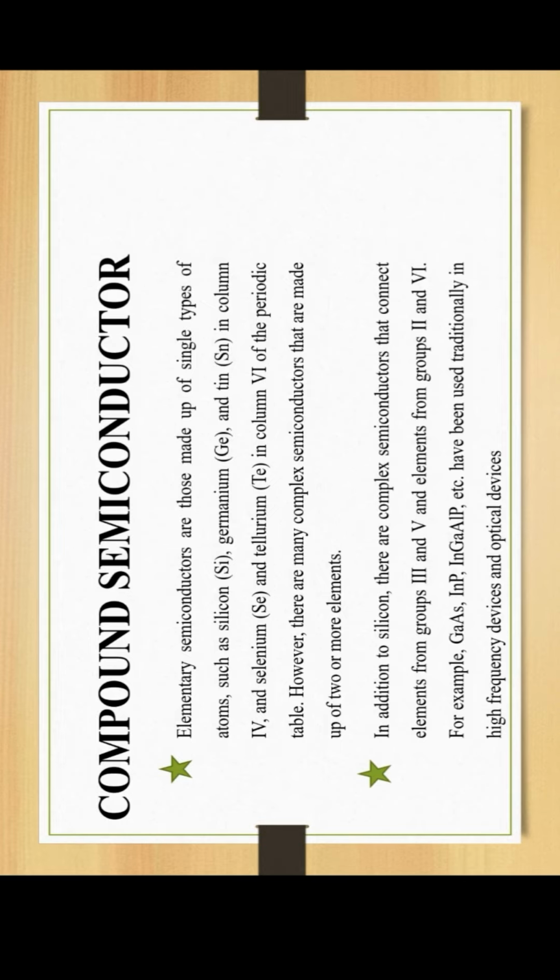In addition to silicon, there are complex semiconductors that combine elements from groups 3 and 5, and elements from groups 2 and 6. For example, GaAs, InP, InGaAsP, etc. have been used traditionally in high frequency devices and optical devices.